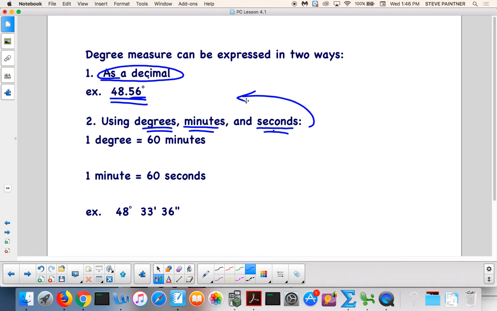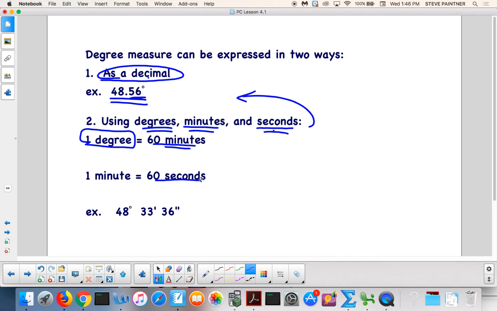Well, hang on here, because 1 degree is supposed to be equal to 60 minutes. So what if I turned my ship 30 minutes? That's half a degree. Just half a degree. And then, of course, there's 60 seconds in a minute. We know that. Why did they call it that?